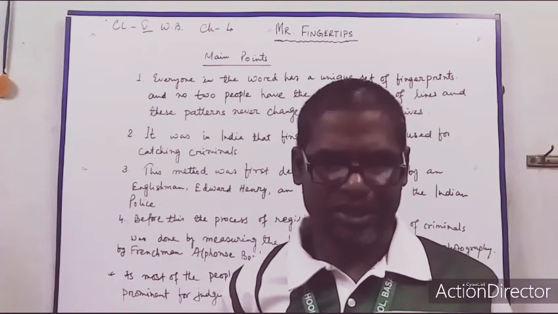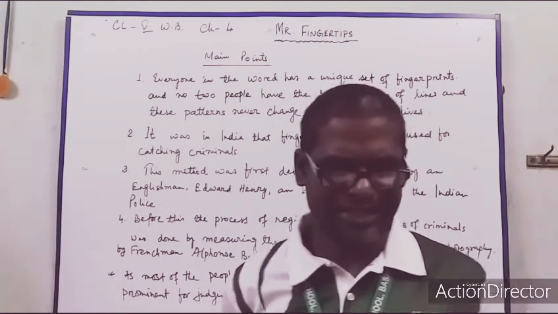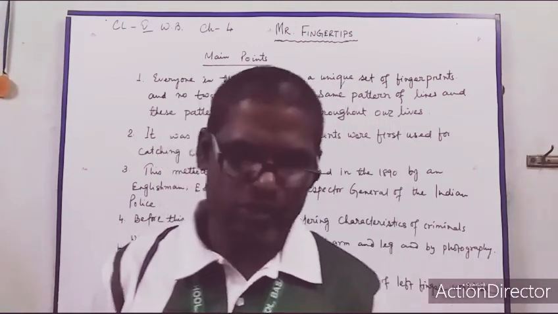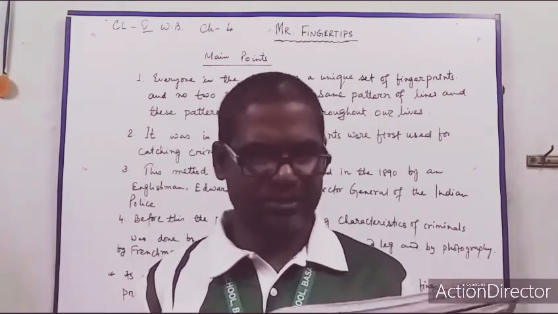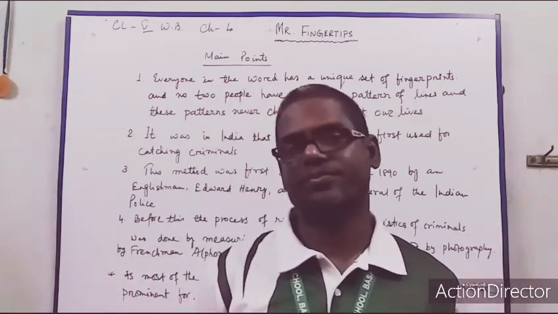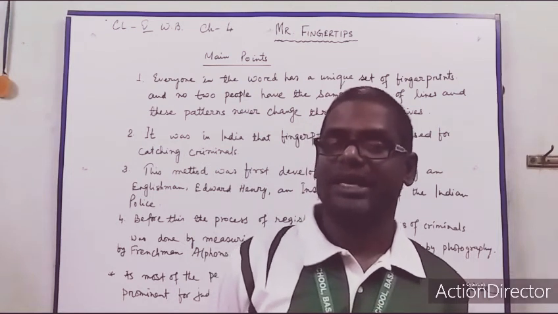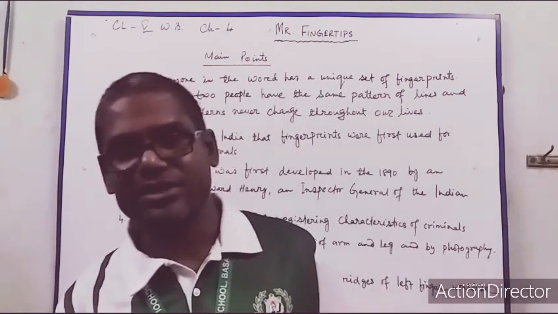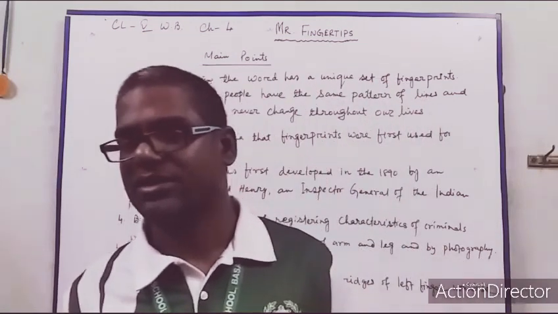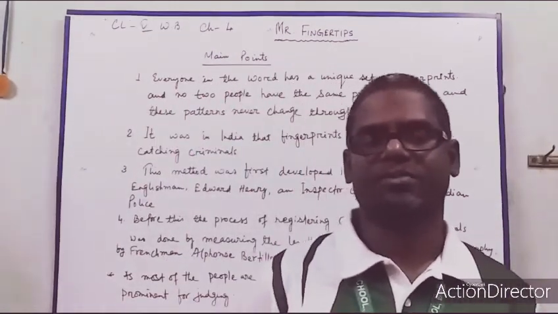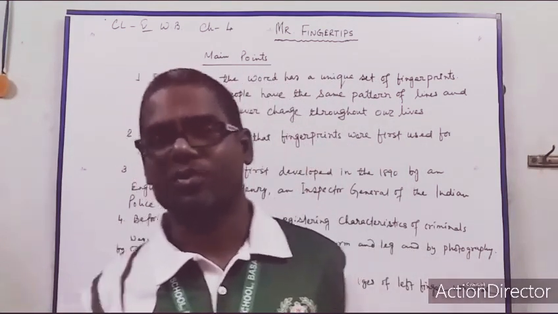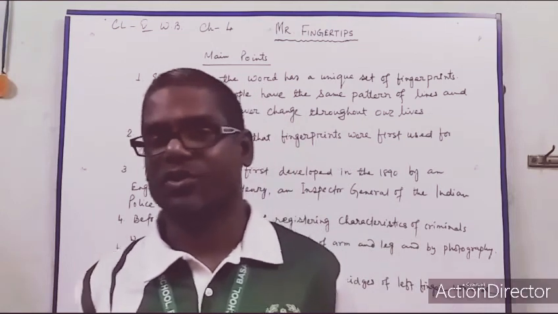He believed that as most people are right-handed, the ridges on the left thumb would be less worn, and therefore sharper for photograph. I discussed that. Because most people are right-handed, the ridges will be worn out on the right hand, so the fingerprints are taken of the left hand, because the ridges will be prominent, sharper, and it will be easy to take a photograph.